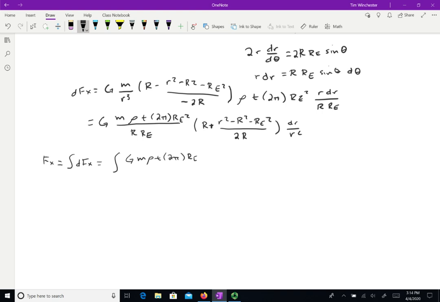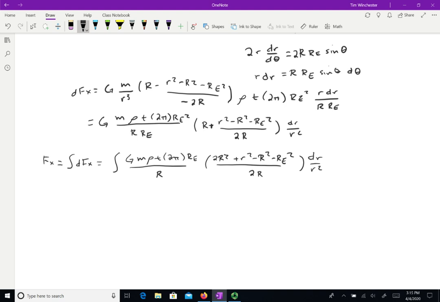So I just have R_E on top and an r on the bottom. And then I'm going to distribute the r squared. Actually, let me take one more step before doing that. I'm going to combine the terms that are inside the parentheses. So this will be 2r squared plus little r squared minus big R squared minus R_E squared over 2r, and then dr over little r squared.